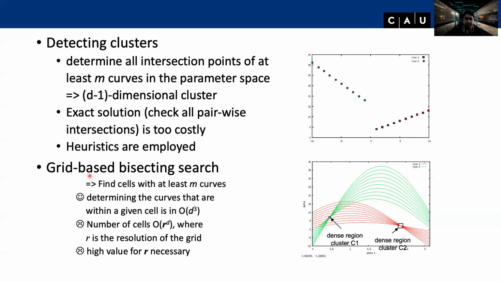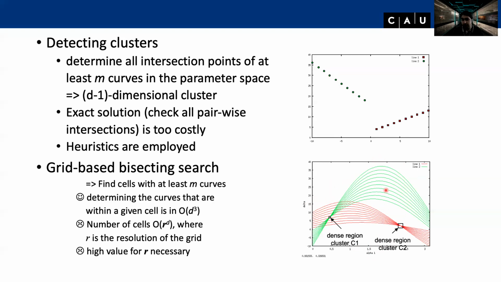What it actually does is find cells with at least m curves, by first cutting this space in half along one axis, the alpha axis, for instance. And then it asks, where do I still have at least m curves intersecting, left or right? It turns out both of them have at least m curves intersecting. Then we cut it along the second axis, delta, and ask, okay, where do we have more curves intersecting, the top or the bottom of each of these?